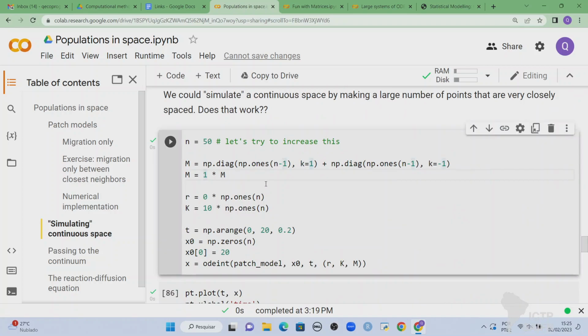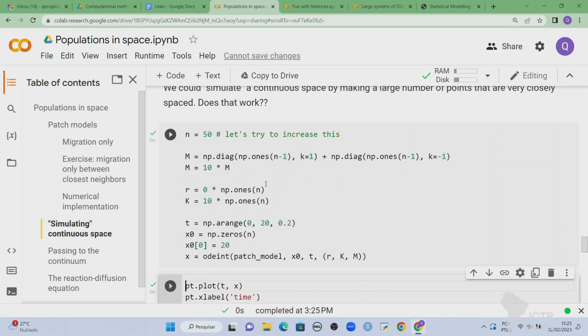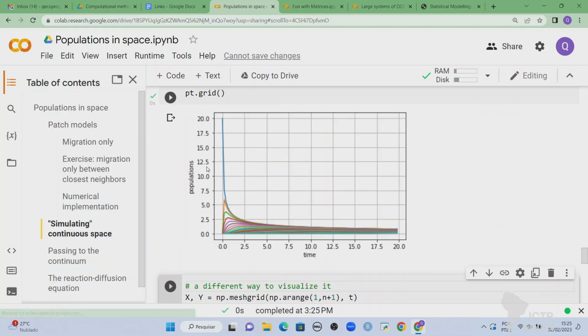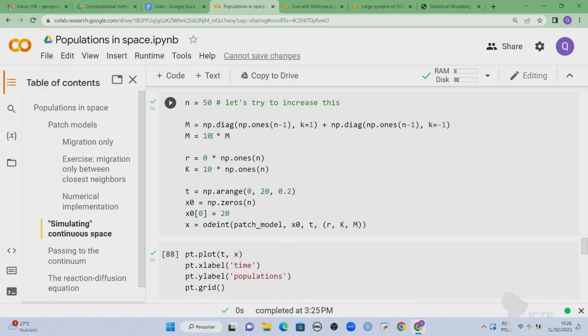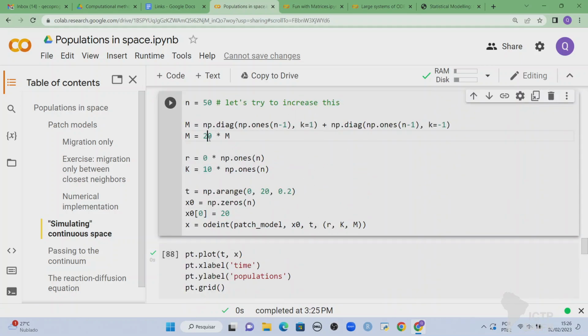I multiplied the number of patches by 10, so maybe if I multiply the migration rate by 10, does that seem reasonable? Let's try that. Well, it still didn't work. It's still not at the same value, so it's not enough to multiply by 10. Maybe if we multiply by, I don't know, 20?